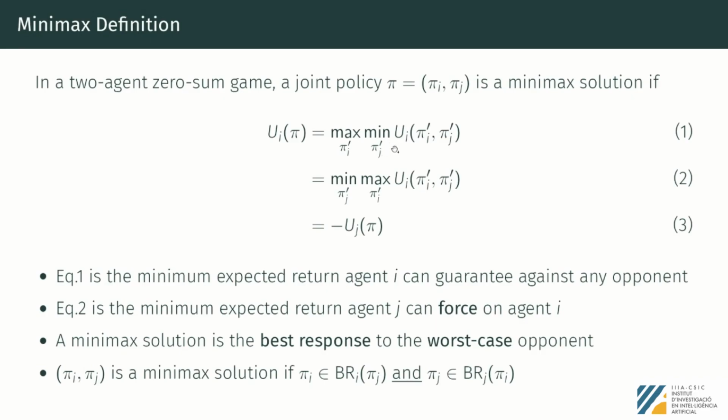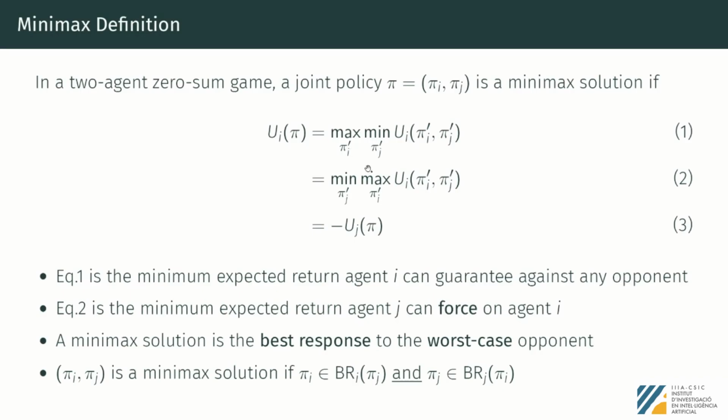And equation 2 is basically the inverse. Now we're switching the roles, where first agent J gets to pick a policy that minimizes agent I's return, and then agent I gets to pick a policy that maximizes return against agent J. So we're reversing the order here. And the Minimax solution means that these two things are equal.